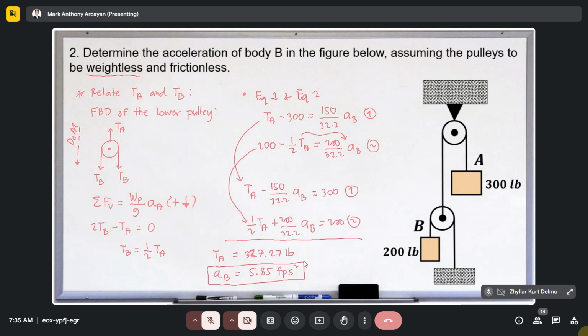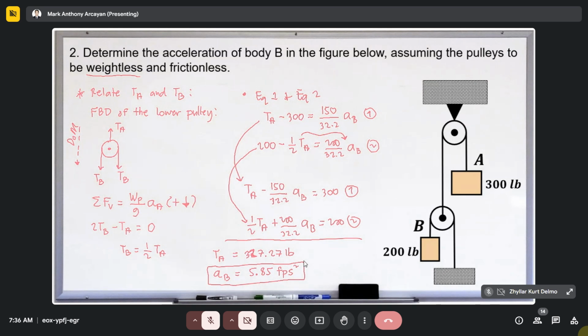Here, if our input force is at block B, it only requires us an input force of 200 pounds, which is lesser than the weight that we want to hold or pull. Just 200 instead of 300.